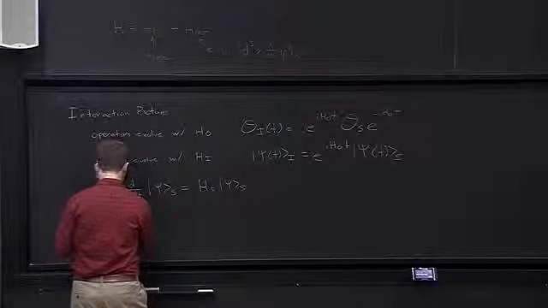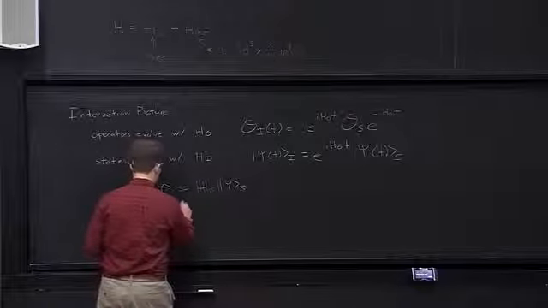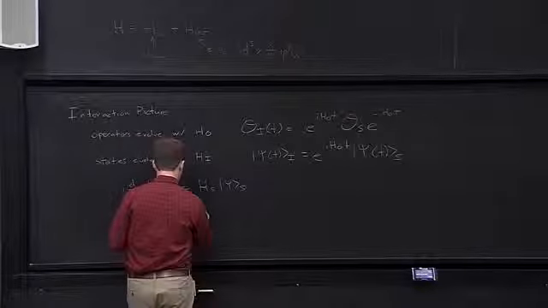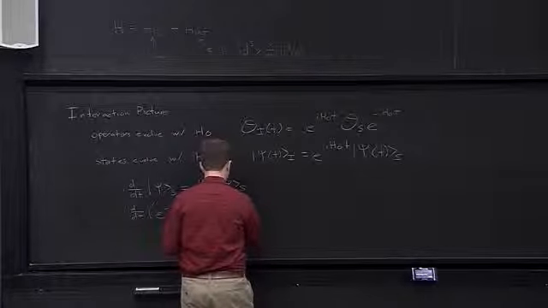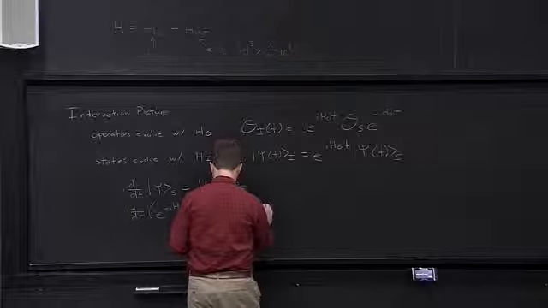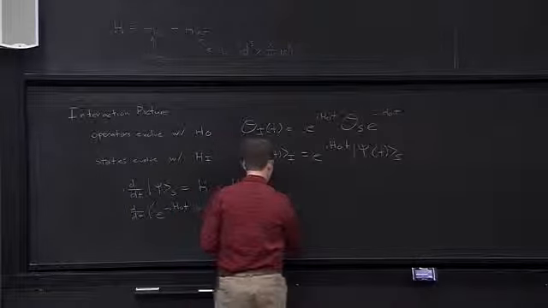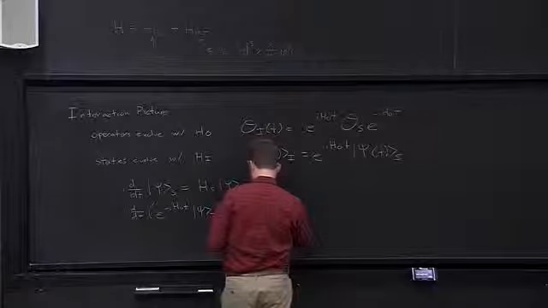And then what we get is e to the minus iH naught t psi I is equal to, let's write out the Hamiltonian as the free and interaction part.